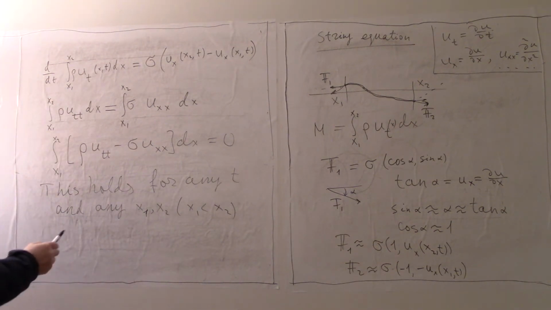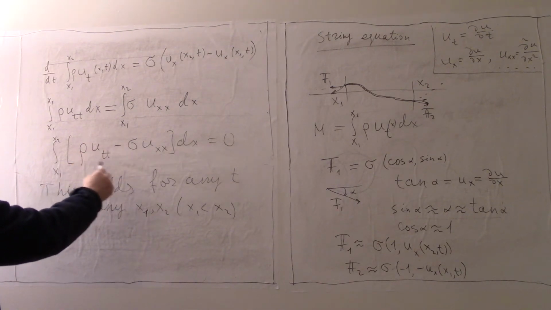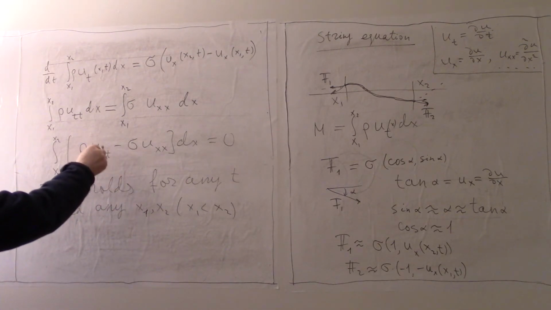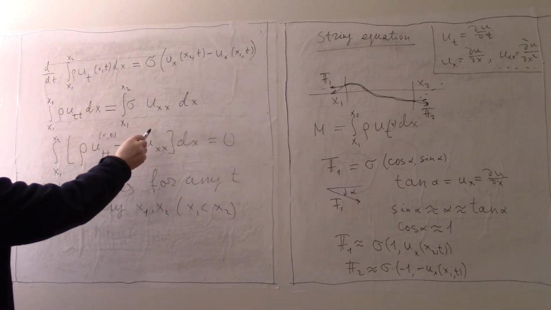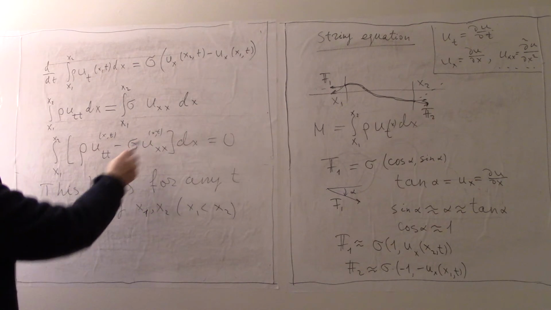So now let us consider this function, where everywhere I have to add (x,t).